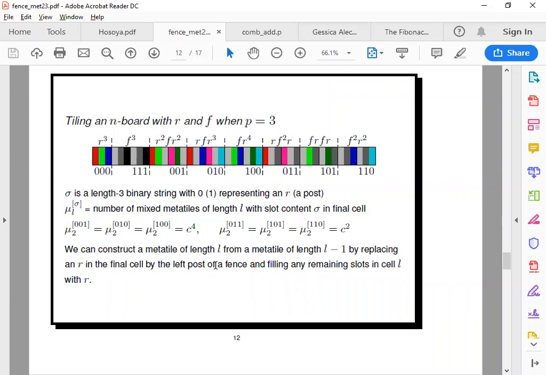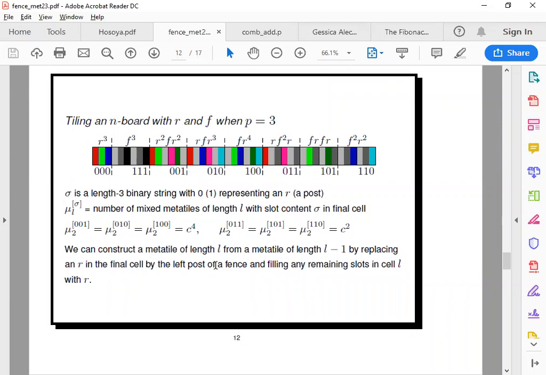We're representing the final cell of a meta tile by its contents. 0 means it's got an R in, and a 1 means that final slot of the final cell has part of a fence in it. And so we're now going to be counting the number of mixed tiles of a given length L with a given final slot sigma.